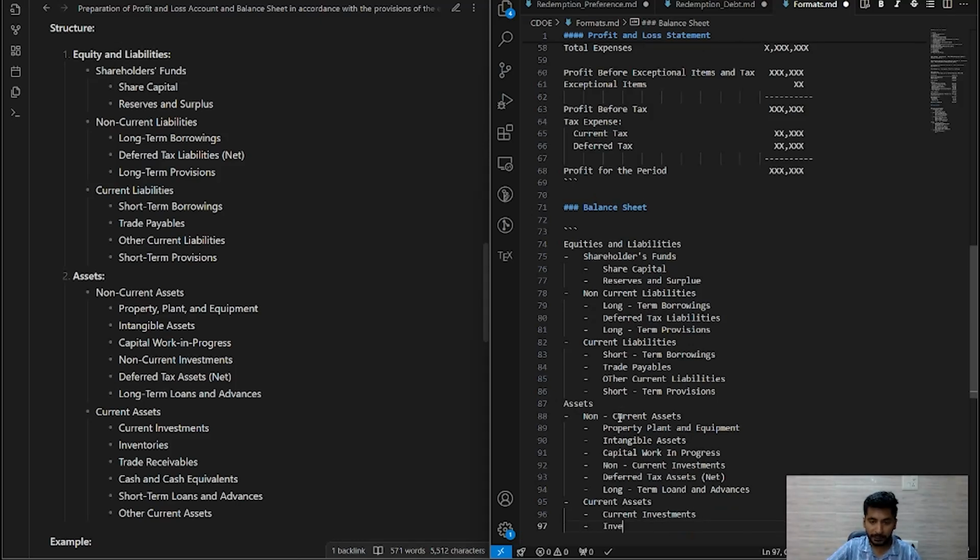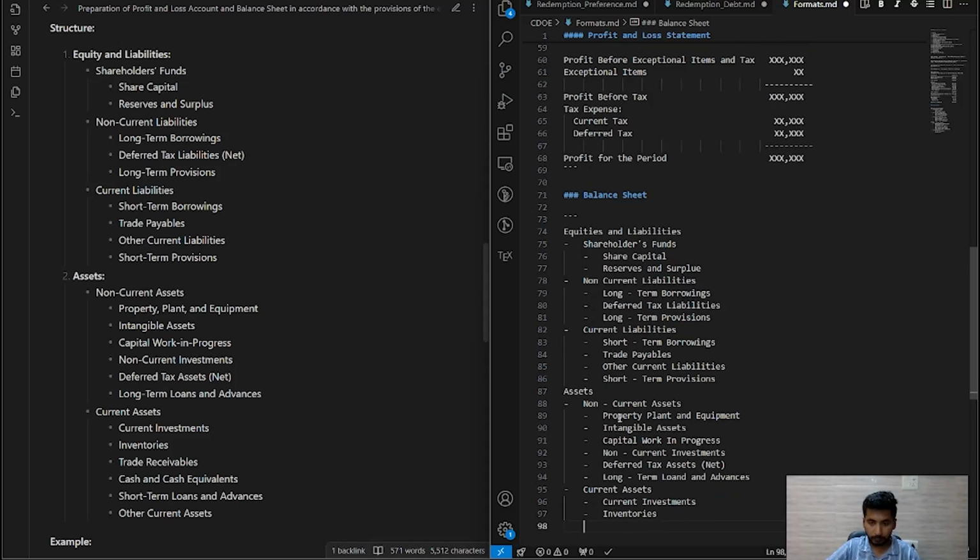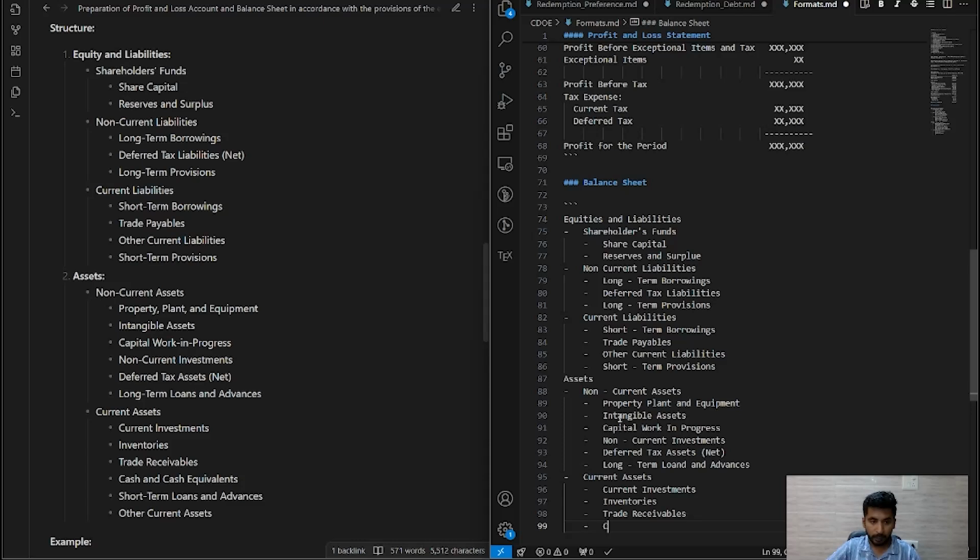Then we have the inventories. Then we have the trade receivables. Then we have the cash and cash equivalents.